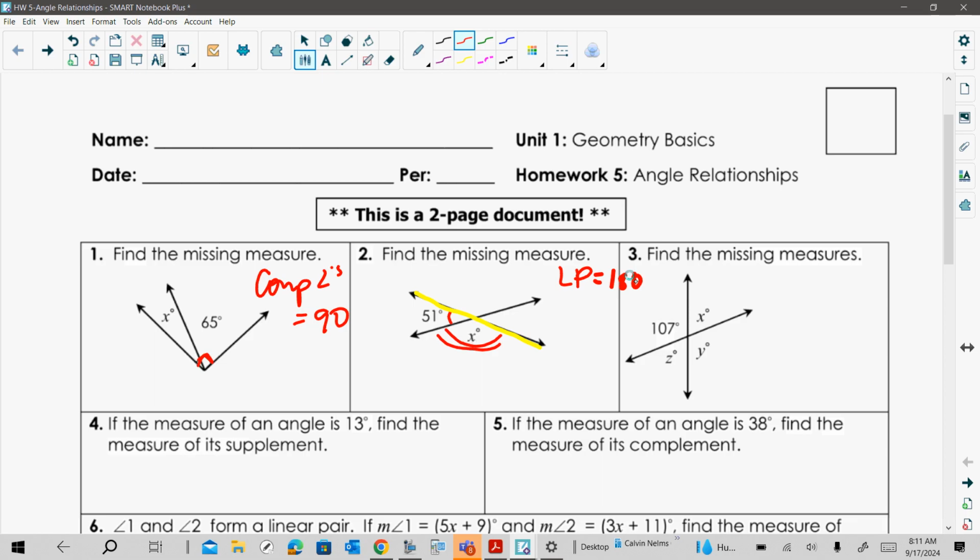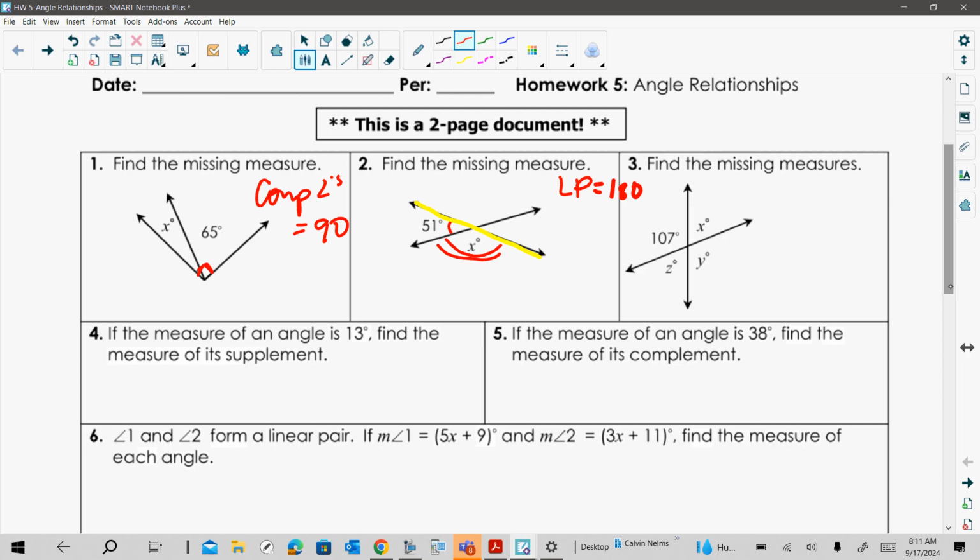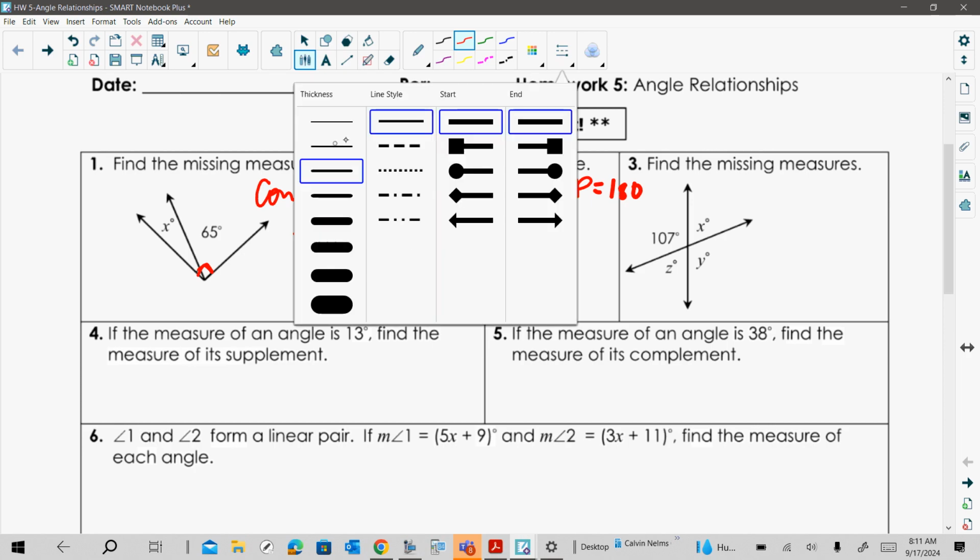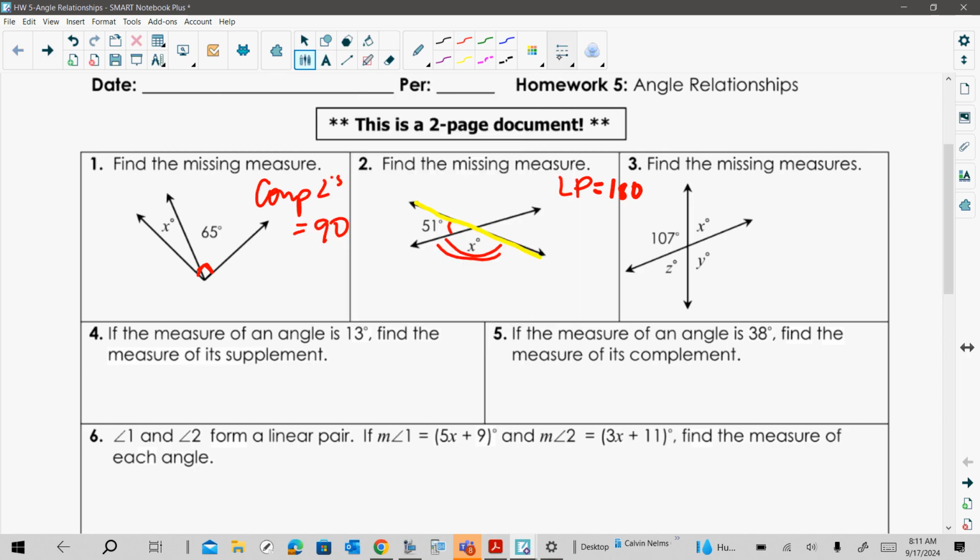On number 3, there's 2 types of angles you should see. What do we know? You have vertical. Who's vertical? Yeah, Y is vertical to what? 107.